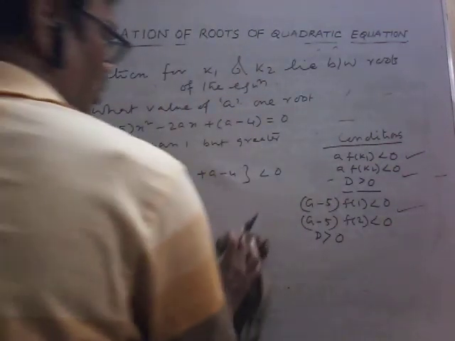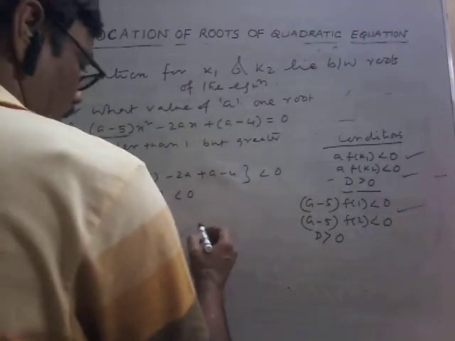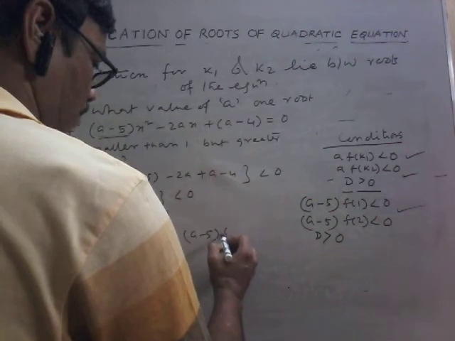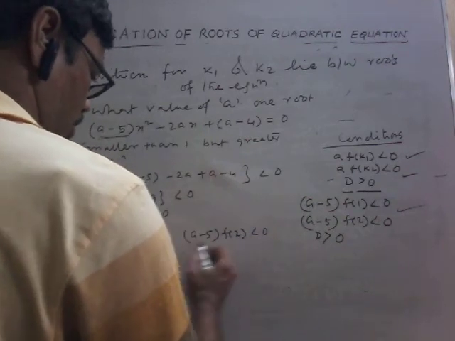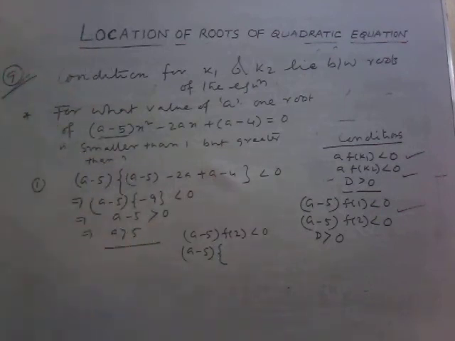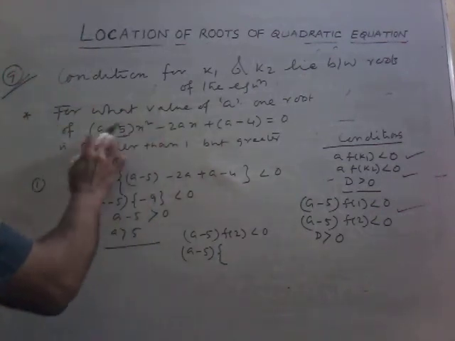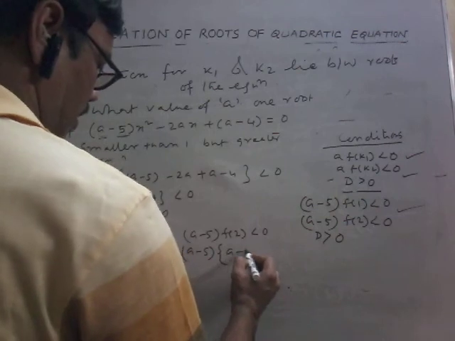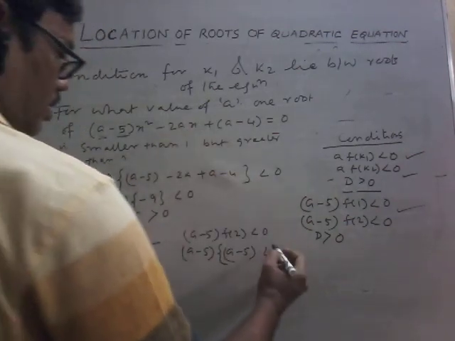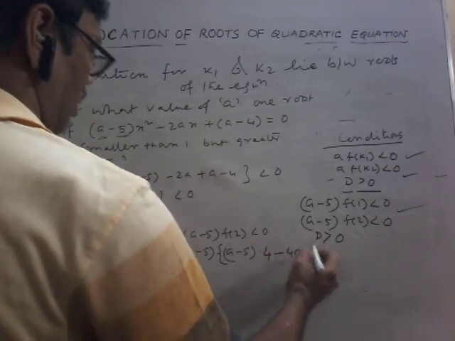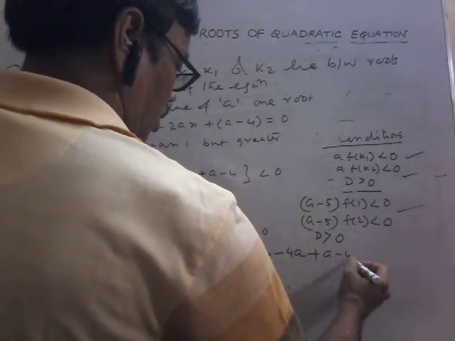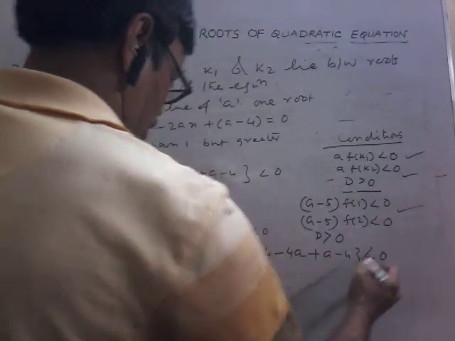Now from the second, (a minus 5) into f2 less than 0. So a minus 5 is unchanged. What is f2? x is replaced by 2. (a minus 5) into 4 minus 4a plus a minus 4 less than 0.